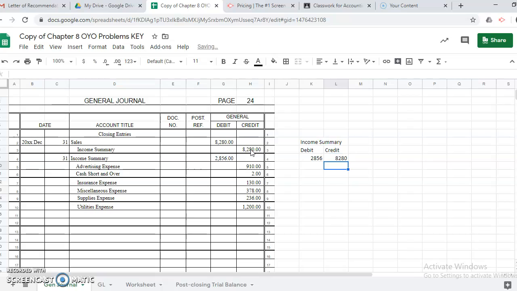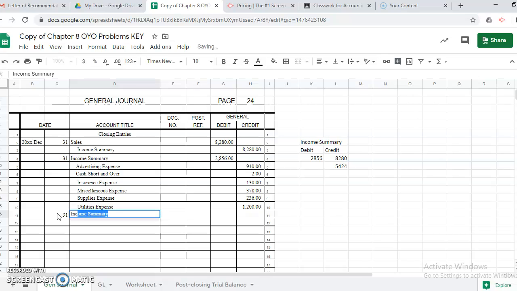This doesn't have a normal debit or normal credit balance, but because the credit side is larger, if I subtract the difference between these two, you can see that that is actually the net income amount of $54.24 as shown on the worksheet. So right now our income summary has a credit balance. In order to bring the income summary back to zero, which we know we need to do, we're going to have to debit it for that amount.